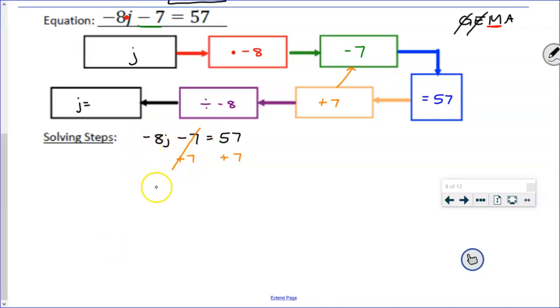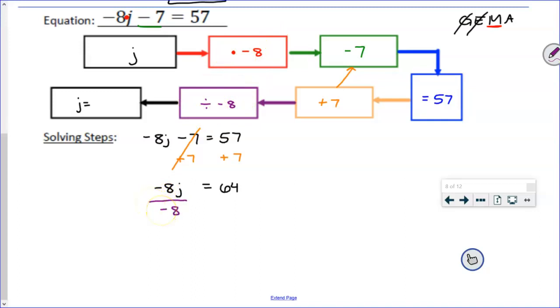That leaves me with a negative 8j, because this subtract 7 was undone with the add 7, and it's equal to and balanced with, actually add it together, 57 plus 7 is equal to 64.